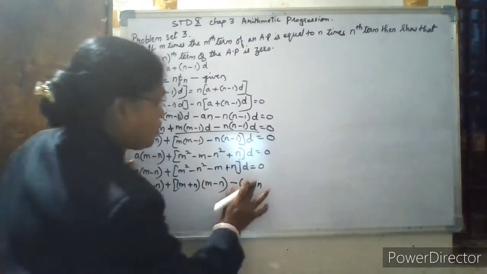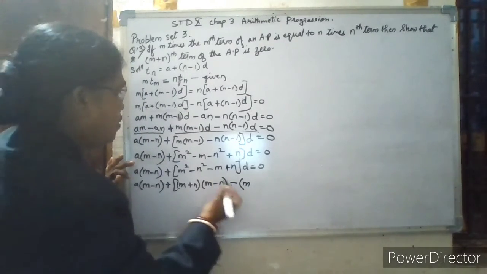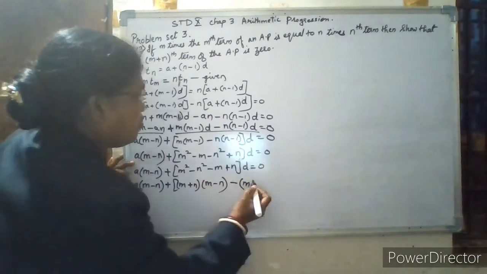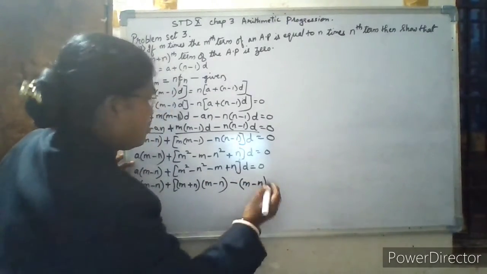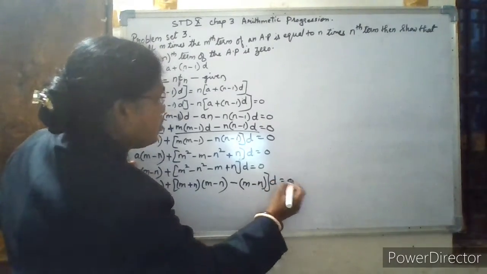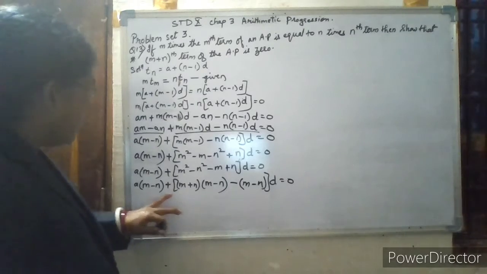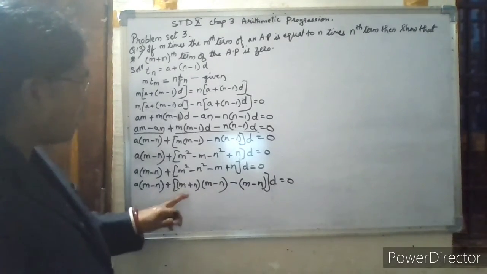Therefore here, minus into plus is minus n into d, equal to 0. Now in this square bracket, again we have got common m minus n.